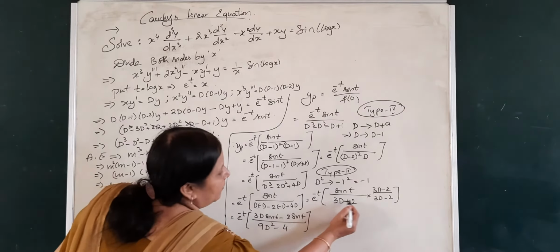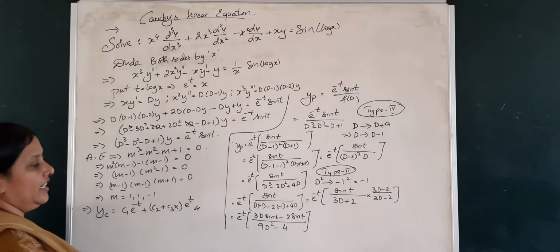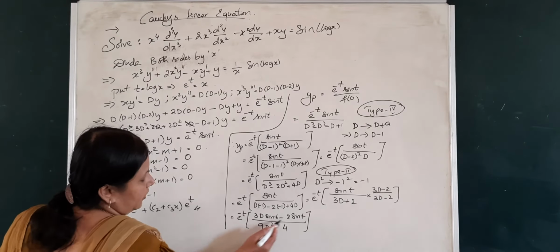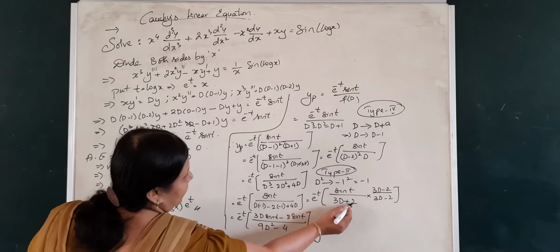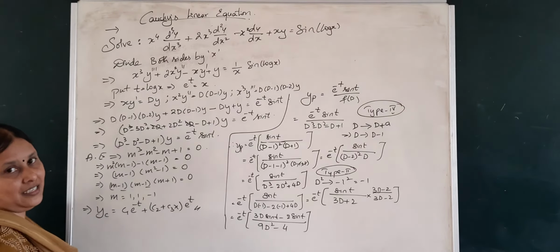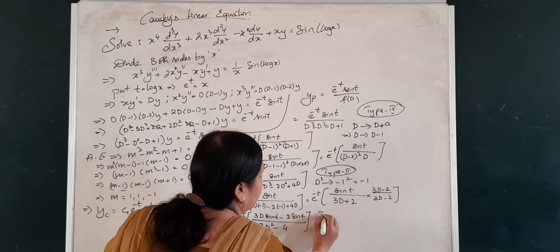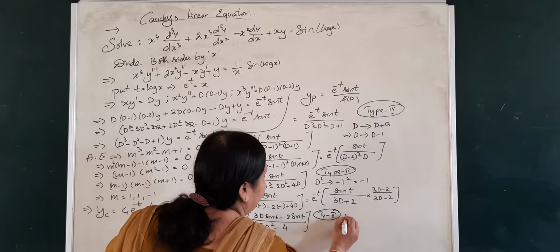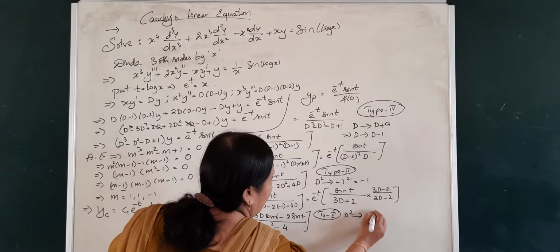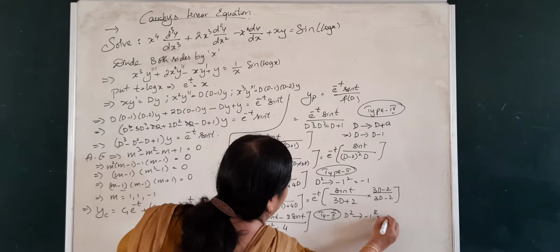By applying a plus b into a minus b, we get a square, that is 3d the whole square, which is 9d square, minus b square, which is 2 square, that is minus 4. Now again we will apply type 2, so d square is replaced by minus 1 square, that is minus 1.